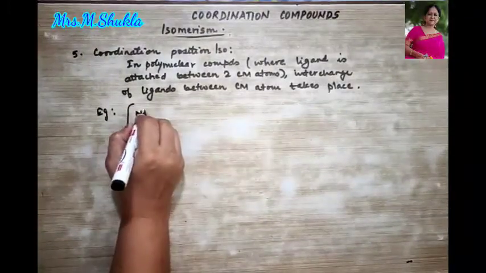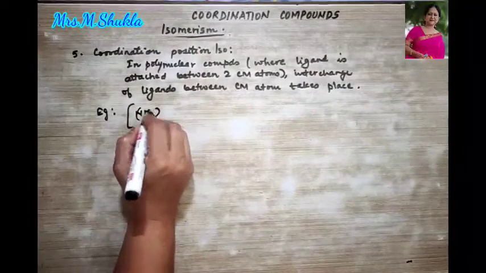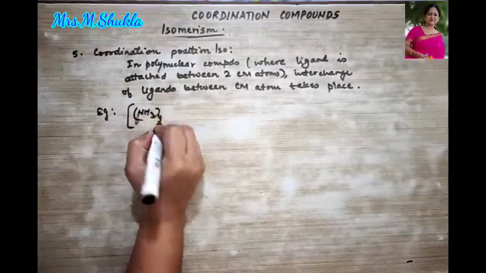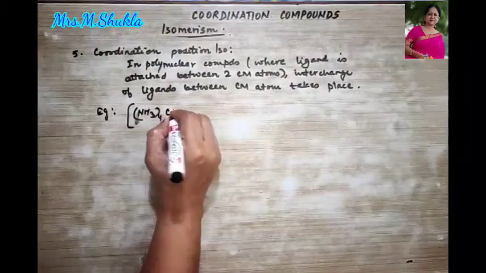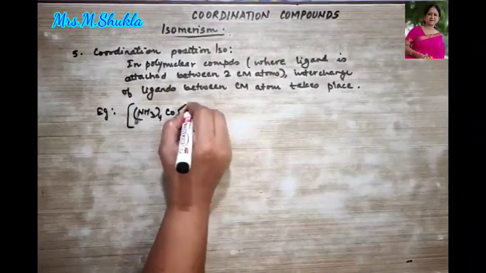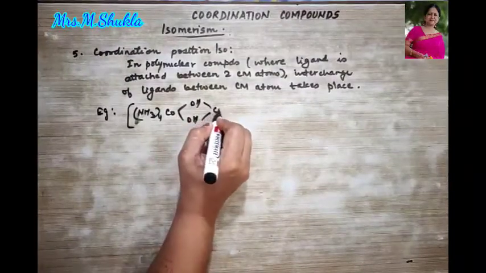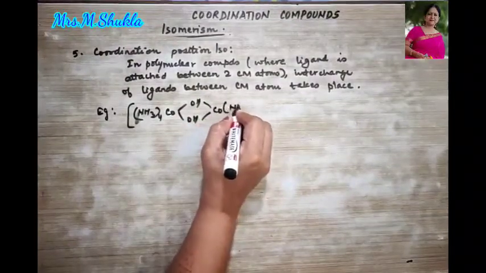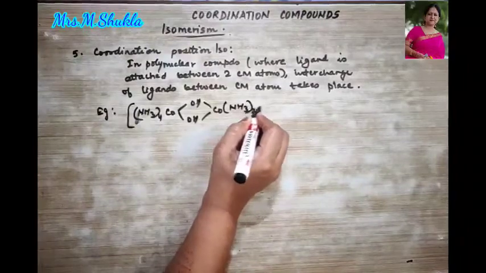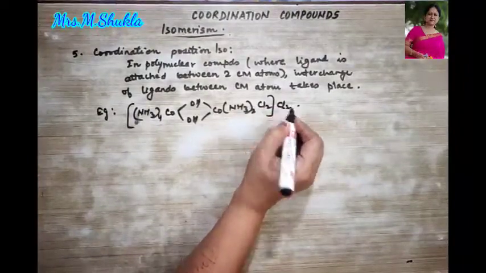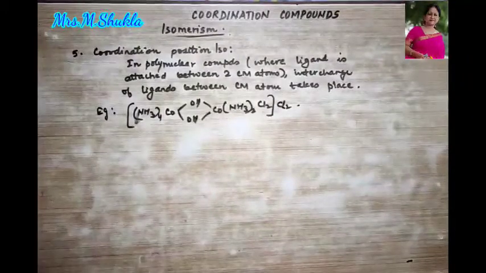like (NH3)4Co(OH)2Co(NH3)2Cl2. Okay, this could be one example.